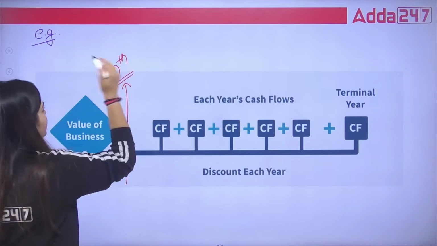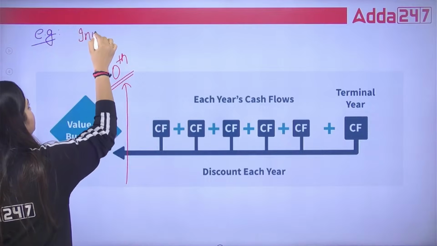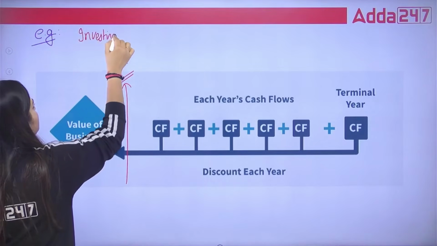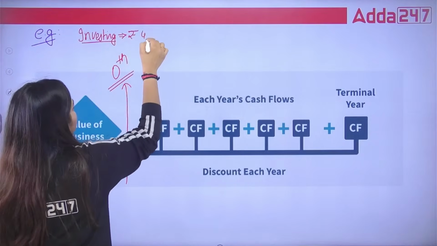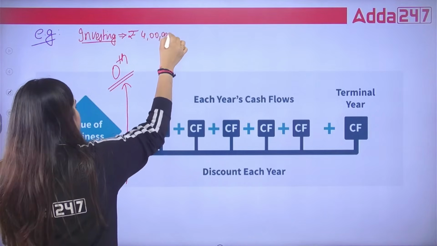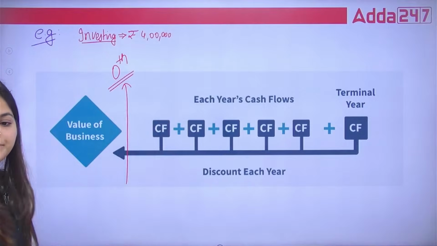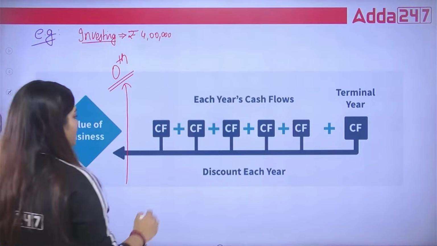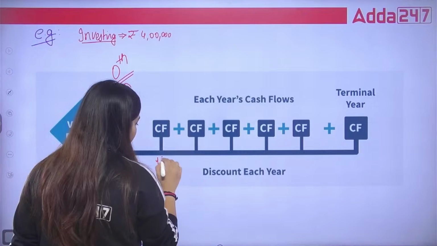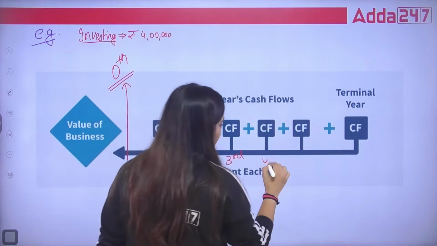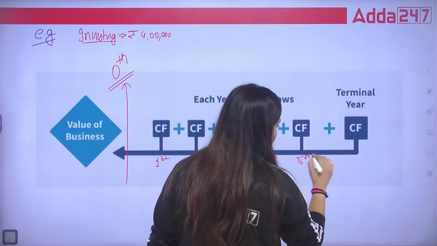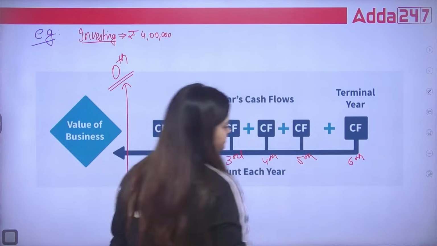Now at this 0 time period, suppose I am investing rupees 4 lakhs. Correct? At this 0 time period, I am investing rupees 4 lakhs. Now this is my first year. This is my second year, third year, fourth year, fifth year, sixth year.